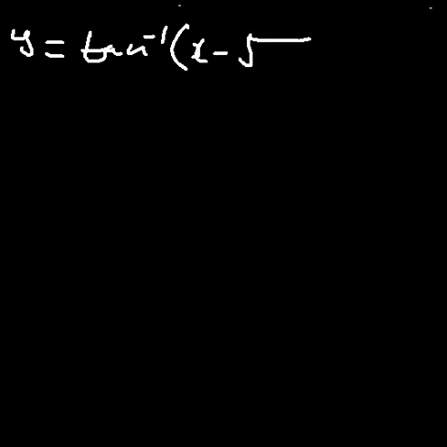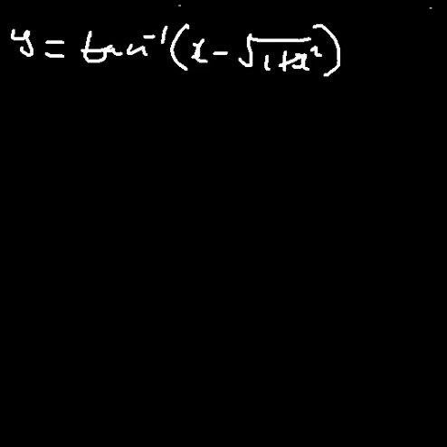And also in the same way, let's try to go through this problem as well, and we should appreciate that one. Let's say we have a function y is equal to tan inverse of x minus the square root of 1 plus x squared. So what is the derivative of this function?